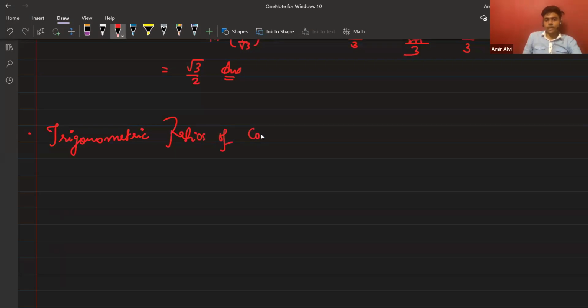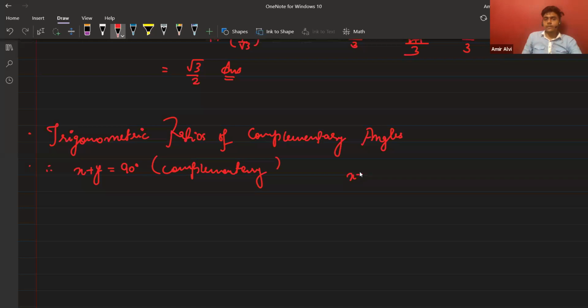of complementary angles. Do you know what complementary angles are? The angles whose sum is equal to 90 degrees are called complementary. And if the sum is 180 degrees, they are called supplementary.